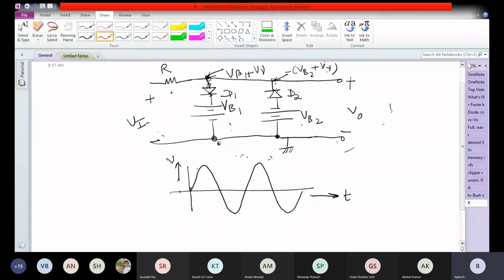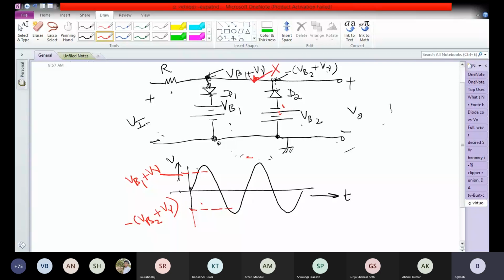Here it will be VB1 plus V gamma, and here it will be different, minus VB2 plus V gamma.